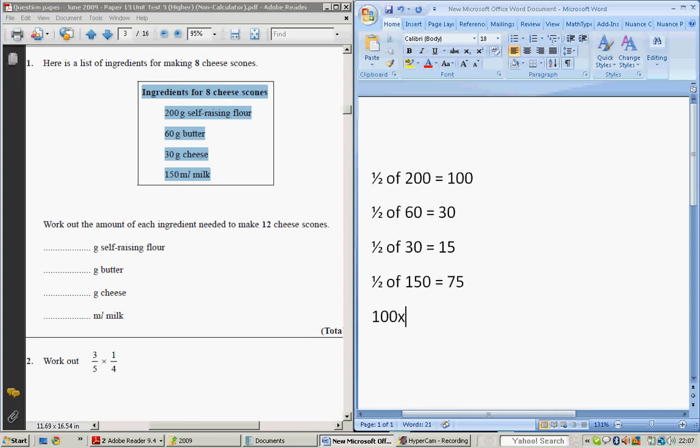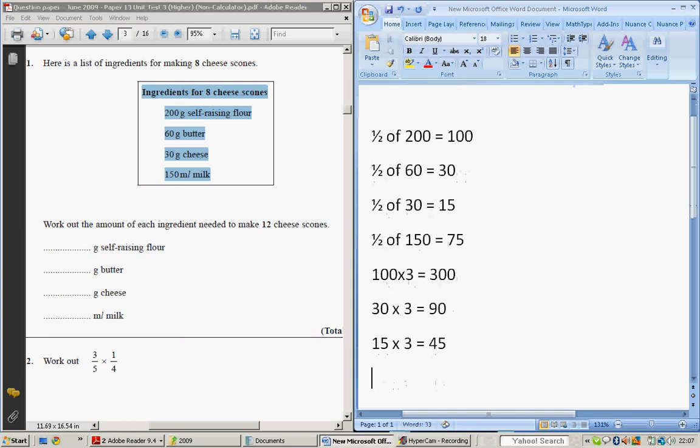100 times 3 equals 300. It's very easy. 30 times 3 equals 90. 15 is next on our list here. 15 times 3 equals 15, 30, 45.